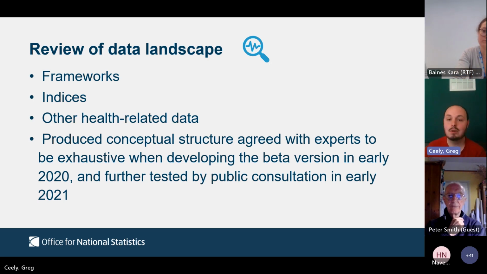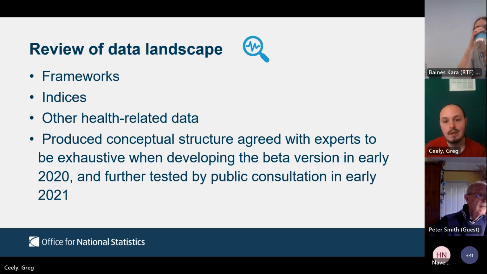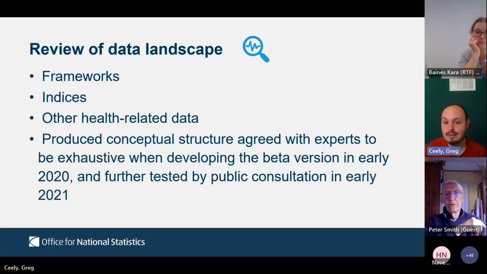So we began this whole process by conducting a comprehensive review of the existing data landscape for health. This included frameworks such as NHS's Quality and Outcomes Framework and existing indices such as the English Indices of Multiple Deprivation to confirm which sources those other frameworks deemed suitable for measuring health.